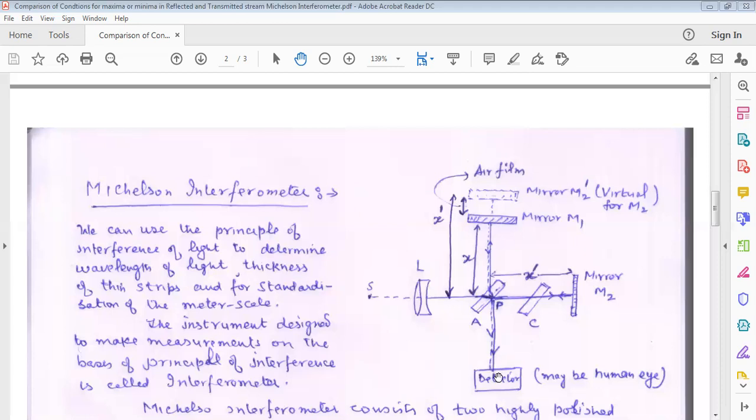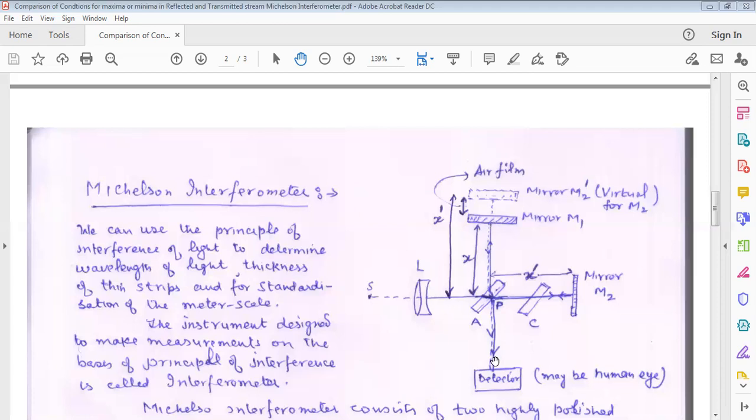the two waves being intercepted by this detector appear to be coming from this side. One wave traveling along the dotted path is actually reflected by mirror M1. It is really reflected by mirror M1.